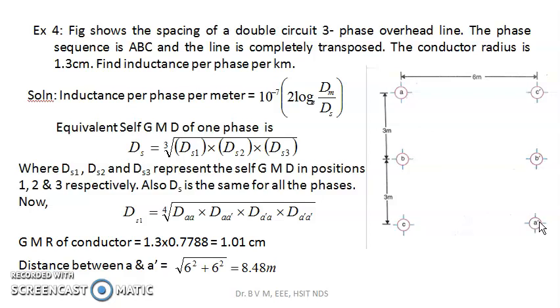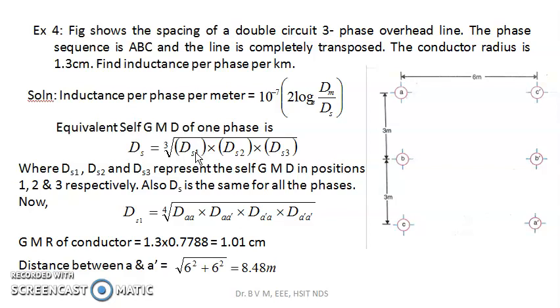Therefore there are 4 parameters, so it should be under the 4th root of DAA, DAA dash, DA dash A, and DA dash A dash. This is in position 1. How many positions are there? There are 3 positions, so you have to take the equivalent of all these 3 positions. The equivalent self GMD of one phase is given by Ds is equal to cube root of Ds1 into Ds2 into Ds3. Why 3?